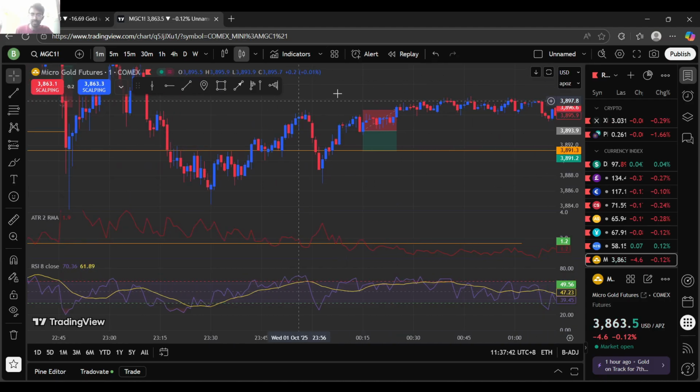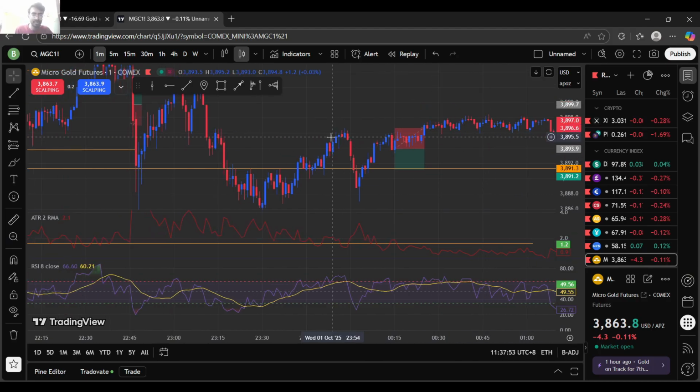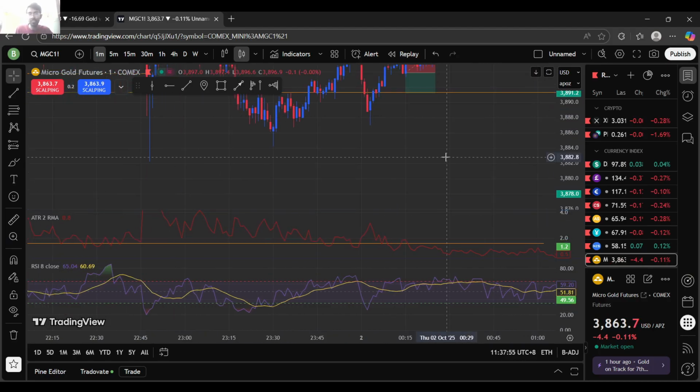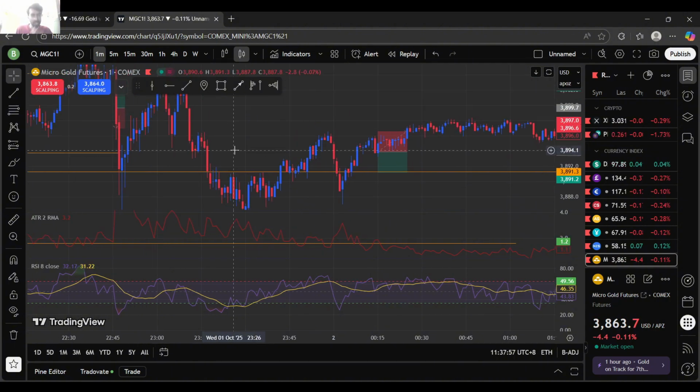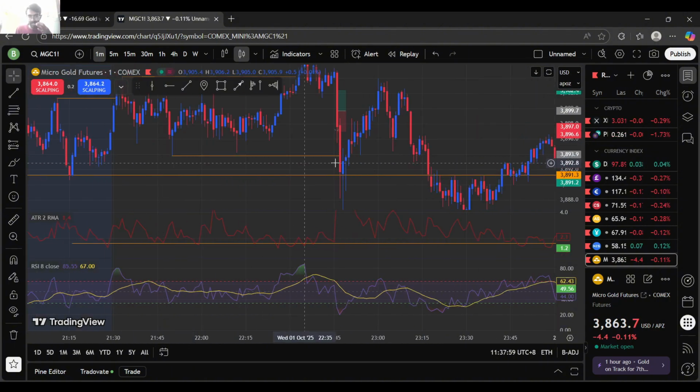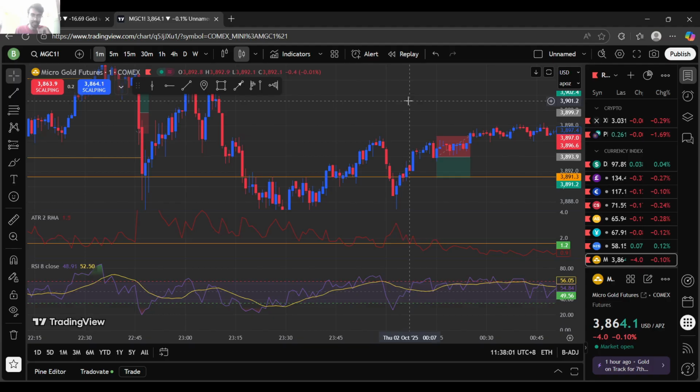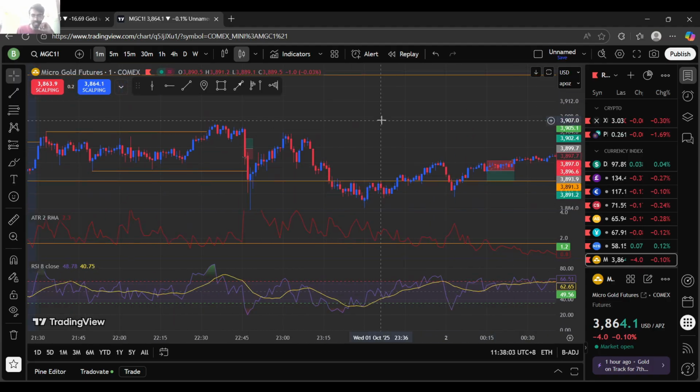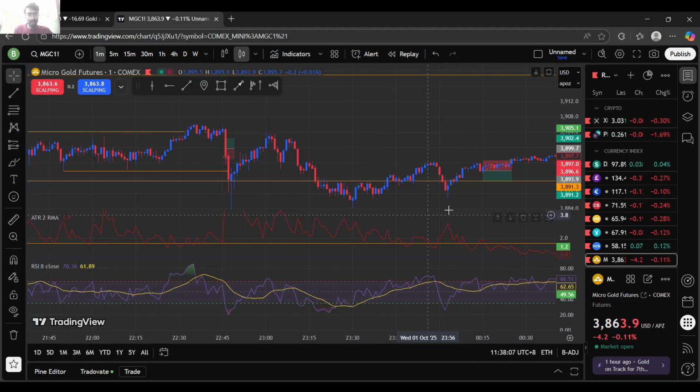And then there was this one trade. This one was according to my strategy. I would say this is like an A minus or a B plus setup. I won't give it an A plus because I should wait for one more break of structure, but I only entered based on one transition shift to the downside. So what happened here is there was a transition shift to the downside over here.